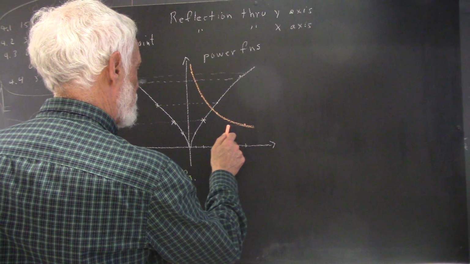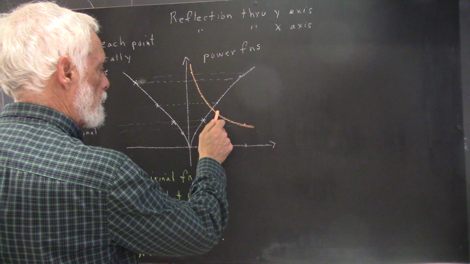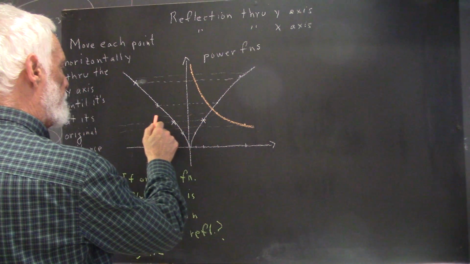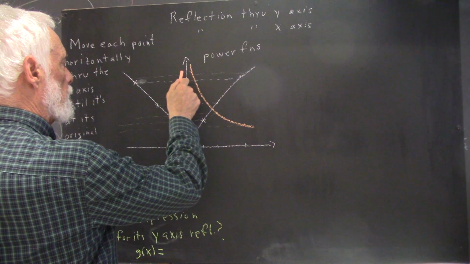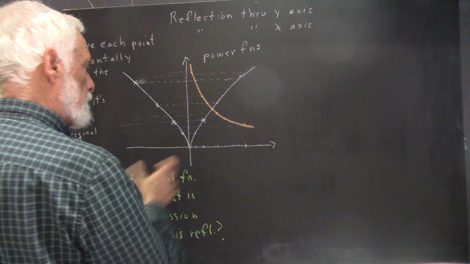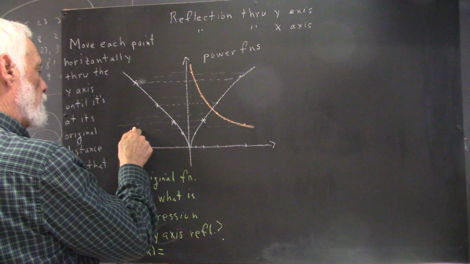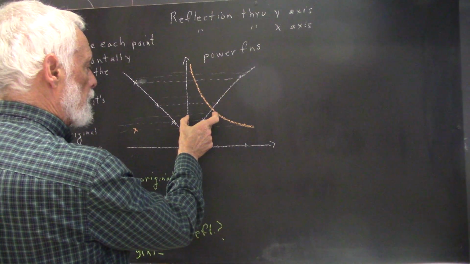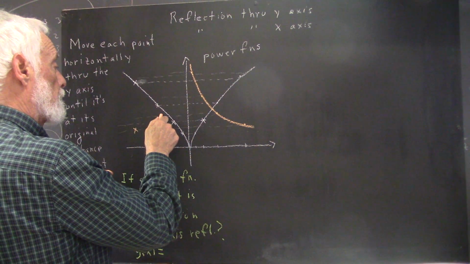Okay, so I'm going to reflect along this line, and this line, and this line, and this line. If I reflect this far here, that's going to put me over here. If I reflect through this distance, that's going to put me here.